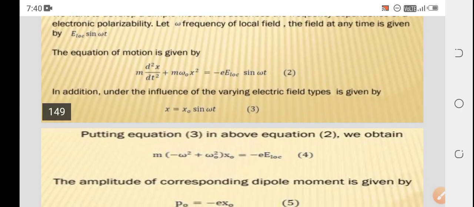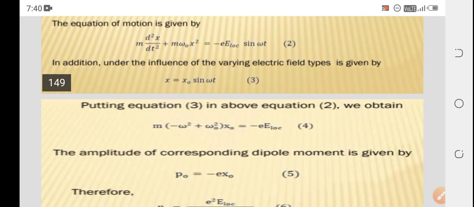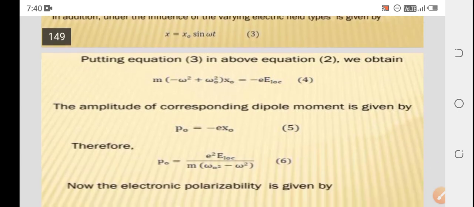In addition, under the influence of the varying electric field, the displacement is given by x equal to x naught sine omega t, equation 3. Putting equation 3 in equation 2, we obtain minus m into minus omega square plus omega naught square into x naught, which is equal to minus e into E local, which we take as equation 4.